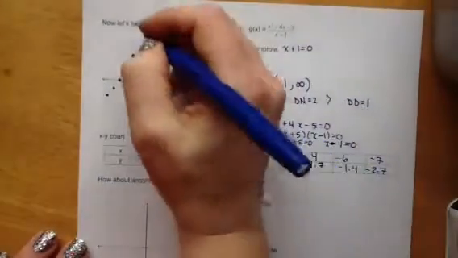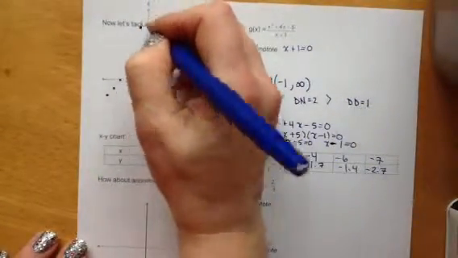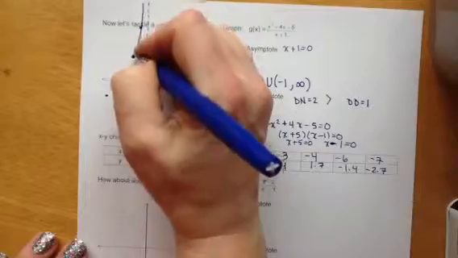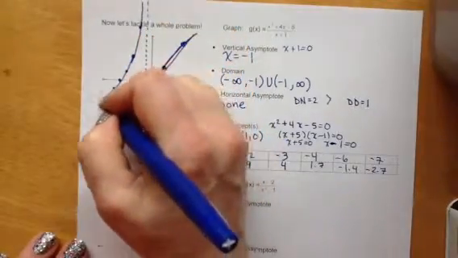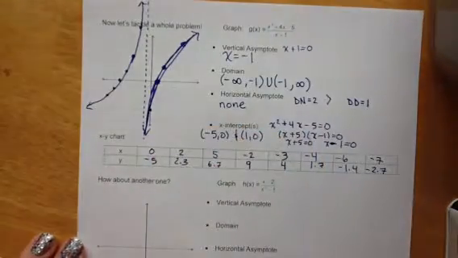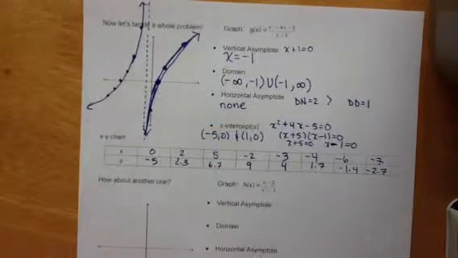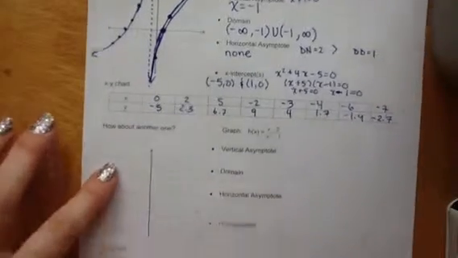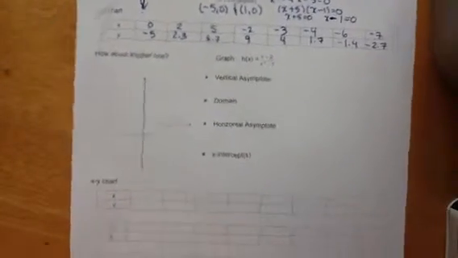And then I want to connect those dots, making sure that I don't cross my vertical asymptote, but I do connect my dots with a nice smooth line. So that's my non-hyperbolic rational function. Let's look at this next one.